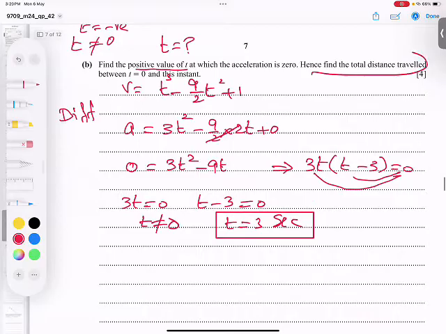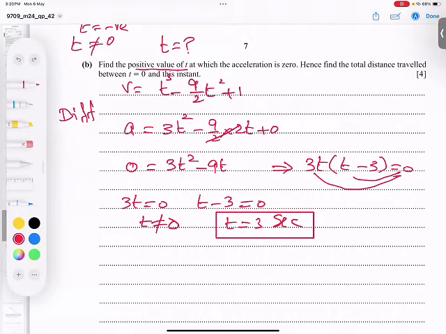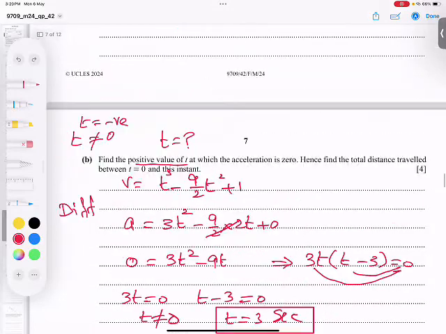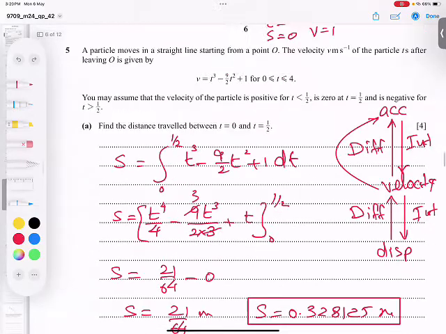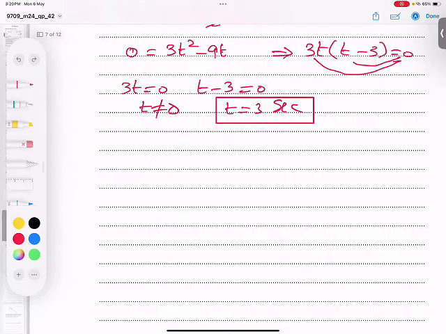Now he said a further extra part: find the distance traveled from 0 to this instant. So it means I will again integrate. The point is very clear. I will copy the same expression and paste it, because I need to integrate it.